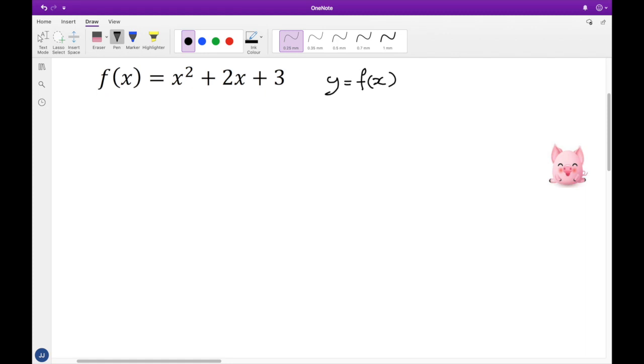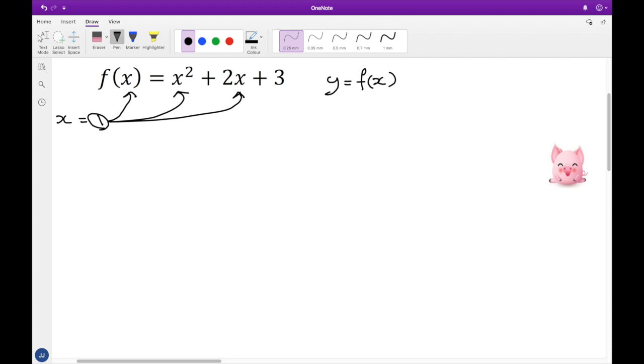Now let's try when x equals 1. Now we know that when x equals 1, what I have to do is take this number 1 and put it everywhere I see x. So I have to put it here, here, and here. Everywhere I see x, I have to put that 1.